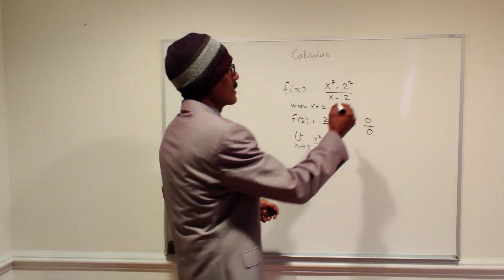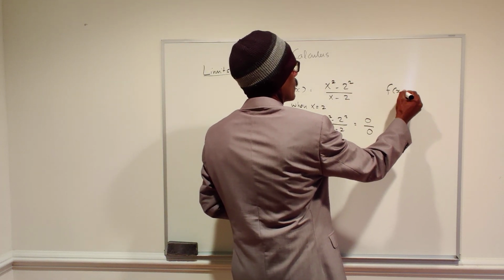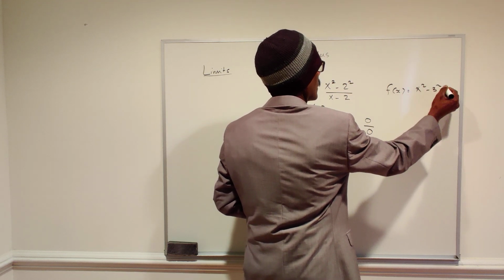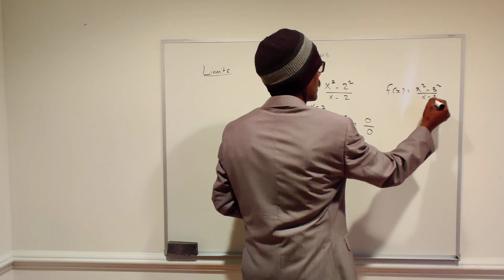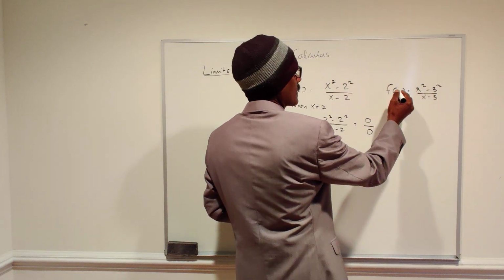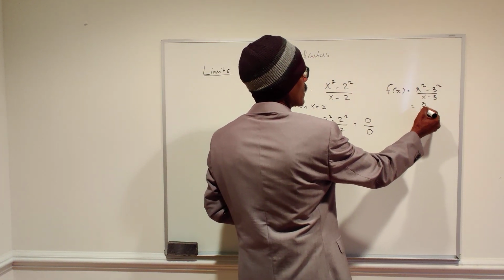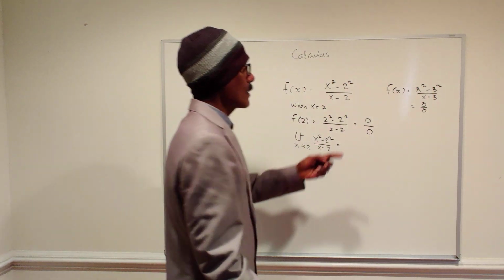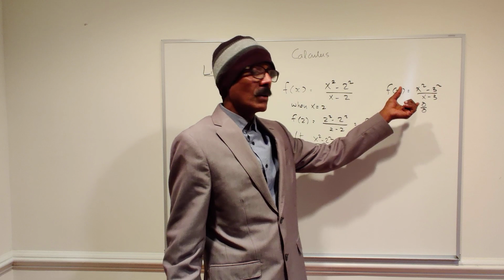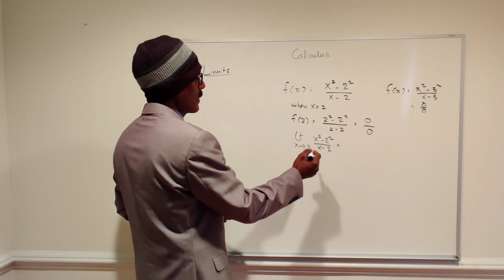Another example is f(x) equal to (x² − 4²) / (x − 4). That is also 0 by 0 at x equal to 4. So this one also we need to find the limit value. What is the limit value?